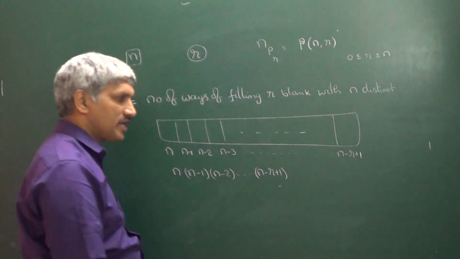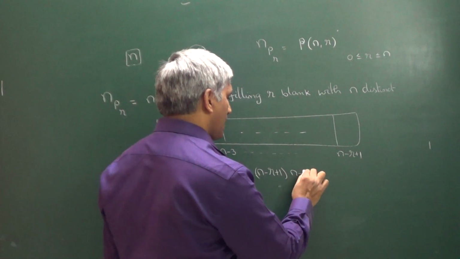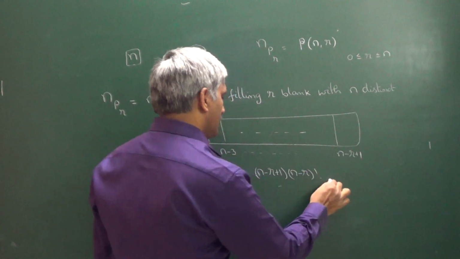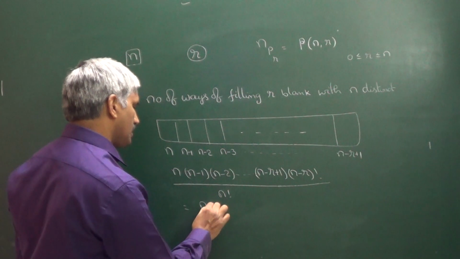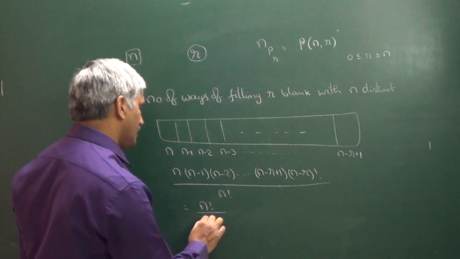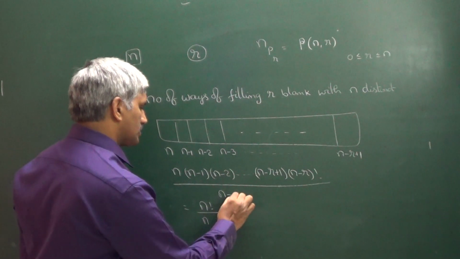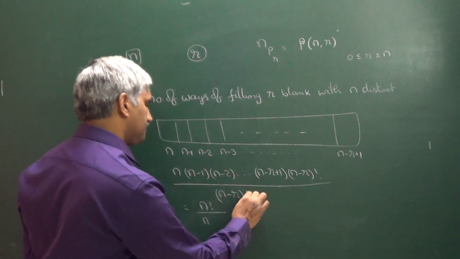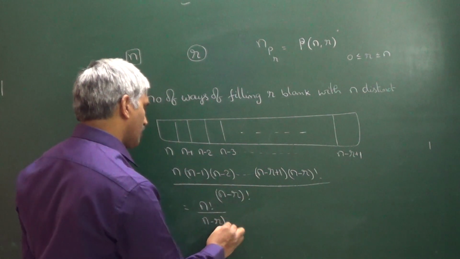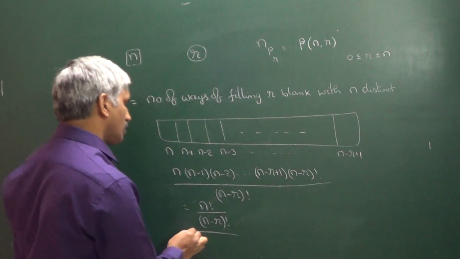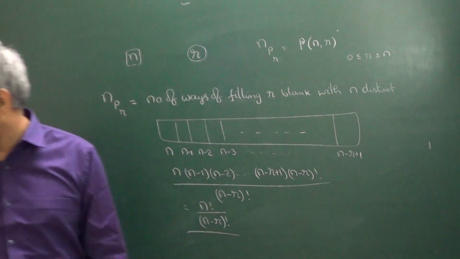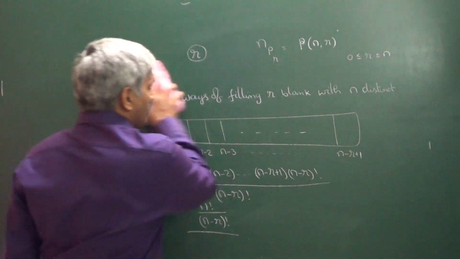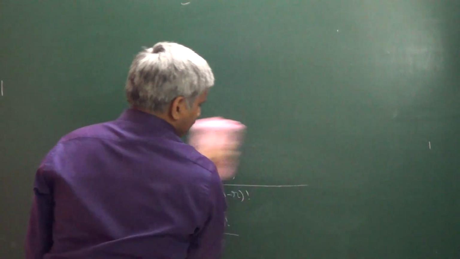Now what I am doing here is multiplying with n minus r factorial and dividing with n minus r factorial. That is nothing but n factorial as the numerator by n minus r factorial. So that is the formula for nPr. nPr is equal to n factorial divided by n minus r factorial.